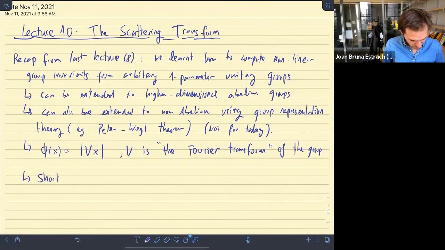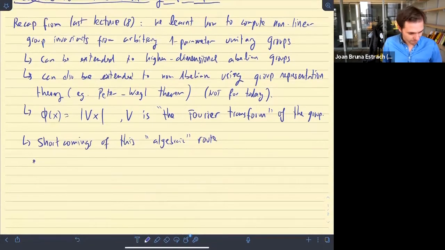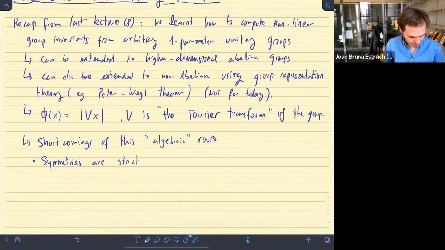But we also described important shortcomings of this route, which I call the algebraic route. We described a few of them. One is that symmetries are strict or brittle criteria.